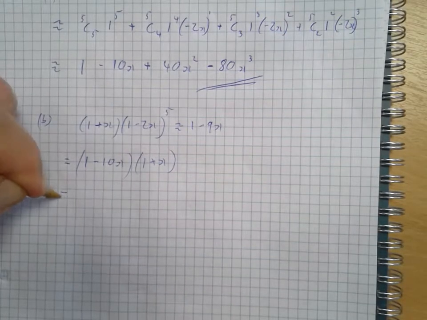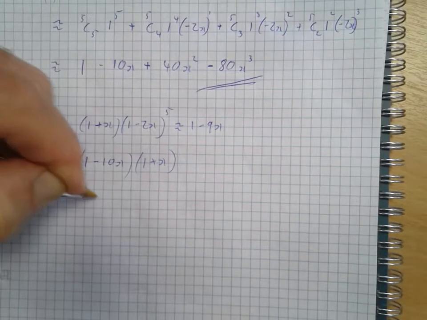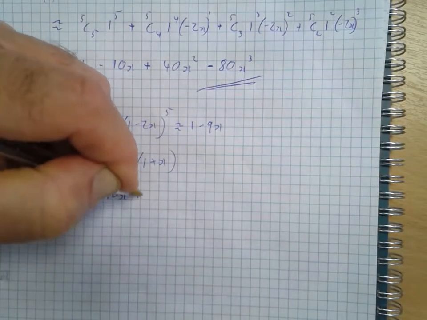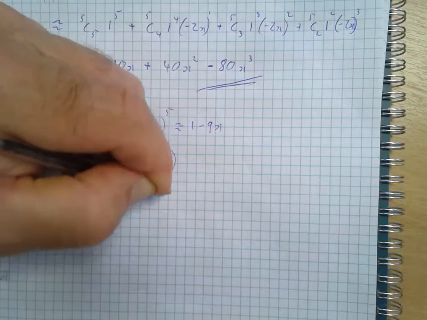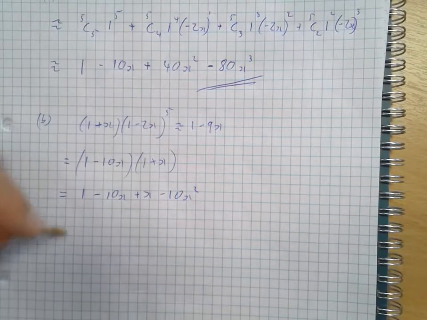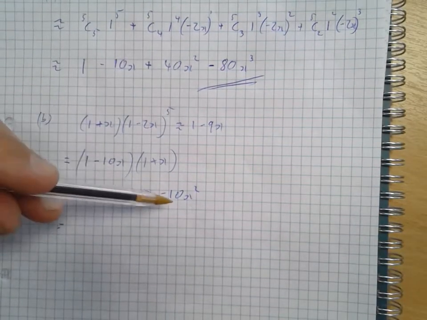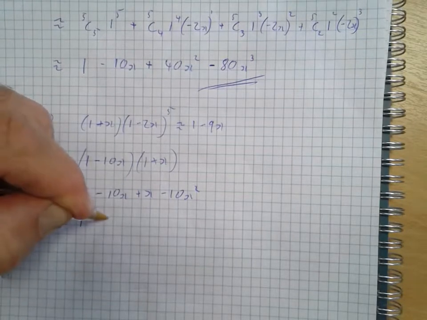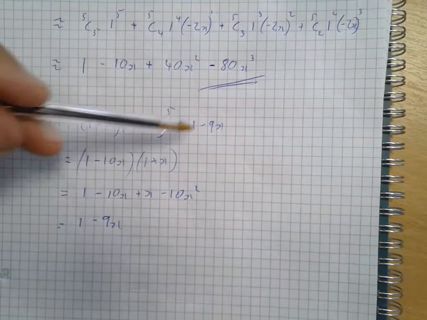If I expand that out, that equals 1 minus 10x plus x minus 10x squared. And that equals, well, I can ignore the x squared, so I have 1 minus 10x plus x, so 1 minus 9x, which is what we want to show.